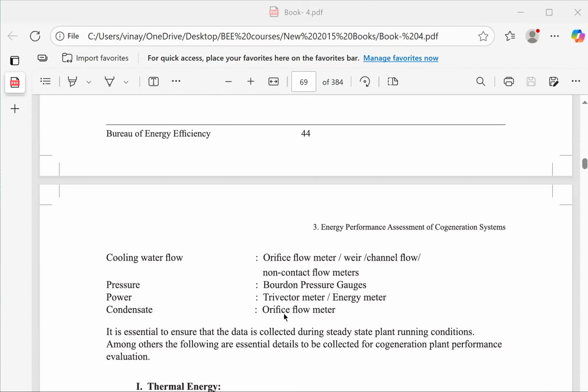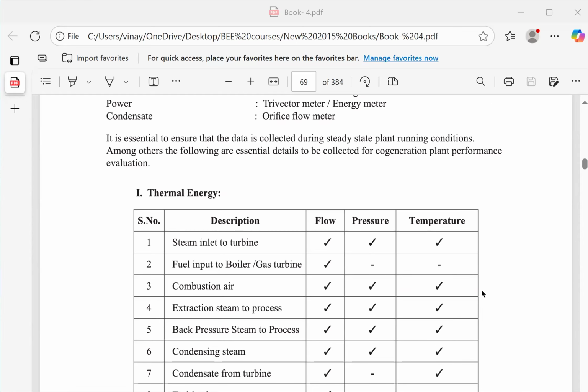Anyway, condensate, like any water flow, is measured by an orifice flow meter. Then comes the thermal energy. What are the flow, pressure, and temperature? What parameters should you carefully look at when you are auditing something? When you measure steam, you will have to measure the flow of steam, pressure of steam, and temperature.